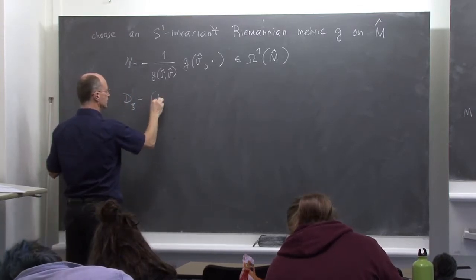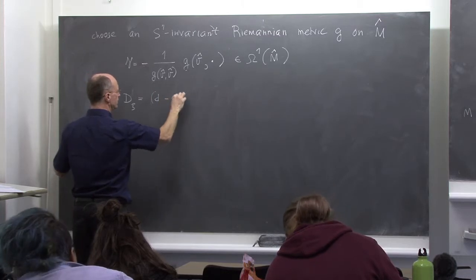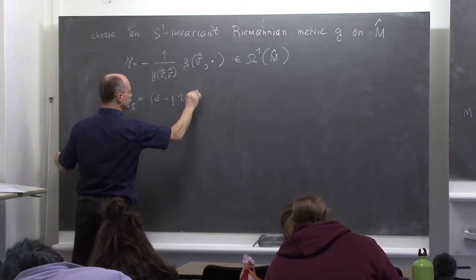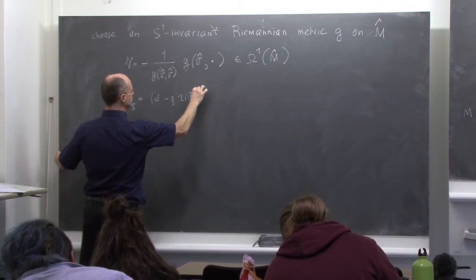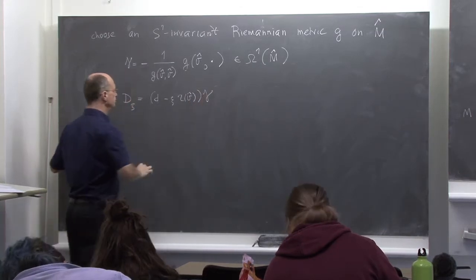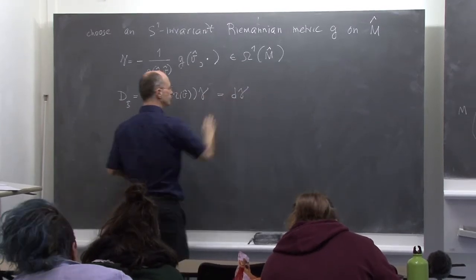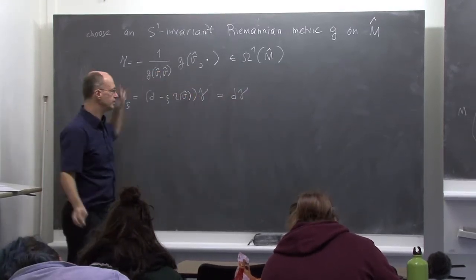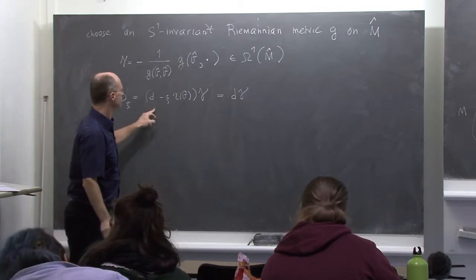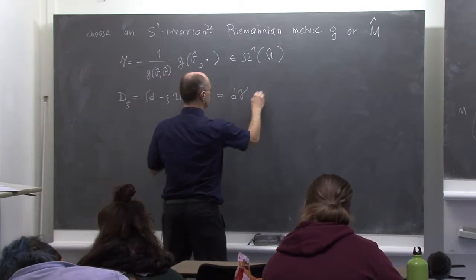Well, this is d minus ψ ι_v hat γ. So let me write it in the following way. So there will be some dγ, well, whatever it is, the de Rham differential, plus ψ.